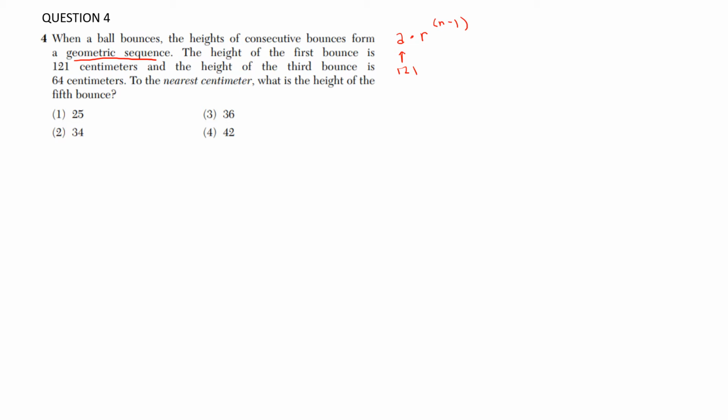So let me quickly just visualize this for you guys. They gave us the values for the first and third bounces. So let's find the relationship between those. 1, 2, 3. We have 121 at the first bounce, and we have 64 at the third bounce. We know that through each bounce we multiply by that common ratio, right?